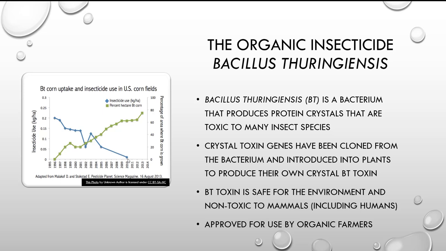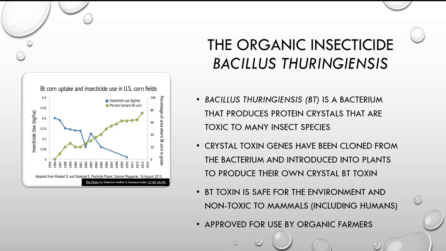Because the corn itself has its own insecticide ingrained inside of it, it's becoming resistant to the insect species. So the insect species are not eating it. This has been approved for use by organic farmers. So if you do eat organic corn, it might be BT corn. Okay, so it might be a GMO.